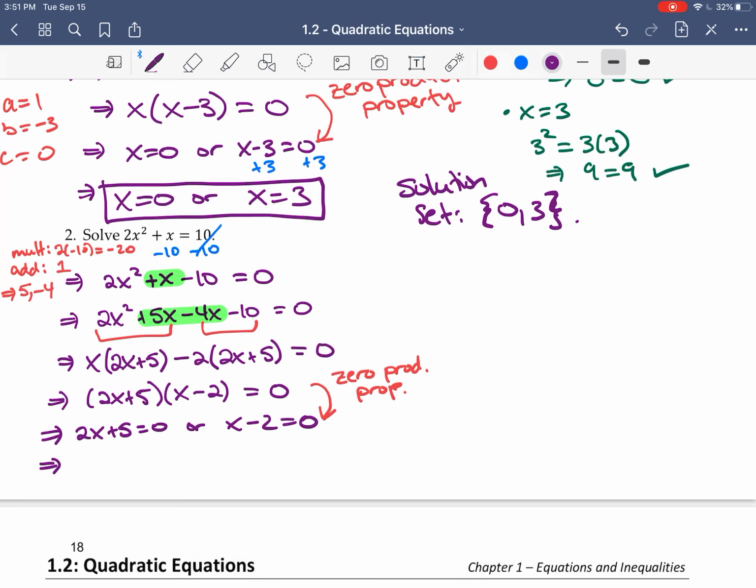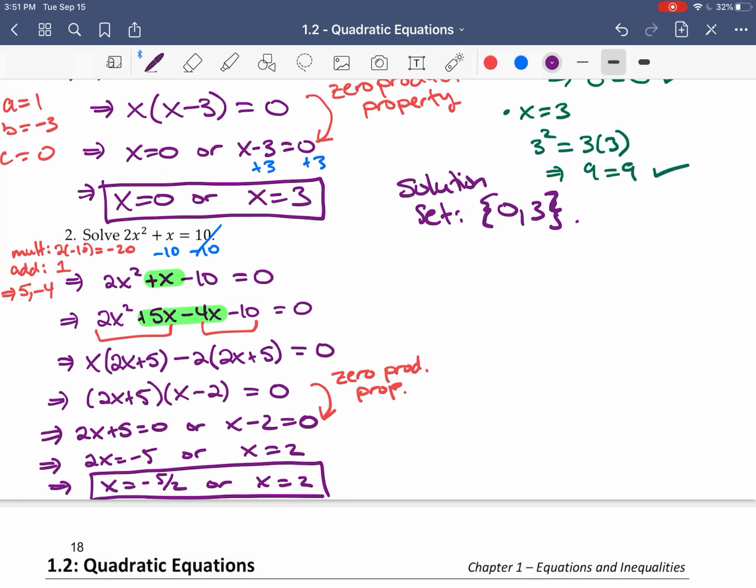And then if I solve these things, this means that 2x is equal to negative 5 or x equals 2. And then if I divide by 2, I get x is negative 5 over 2 or x is 2. So these are my possible solutions here. Okay, and then we just want to check that they work.